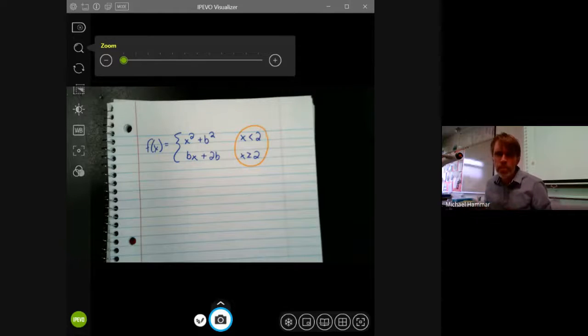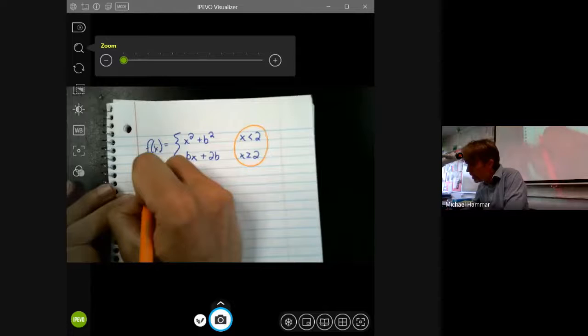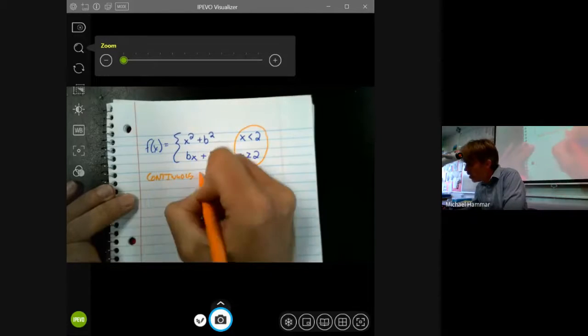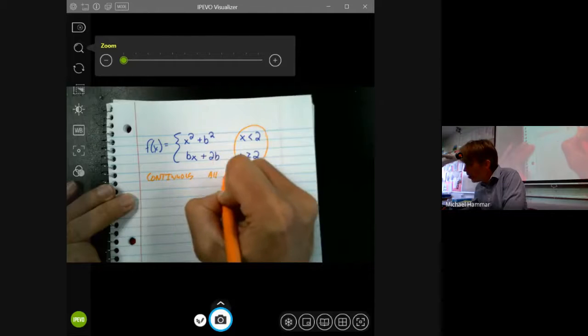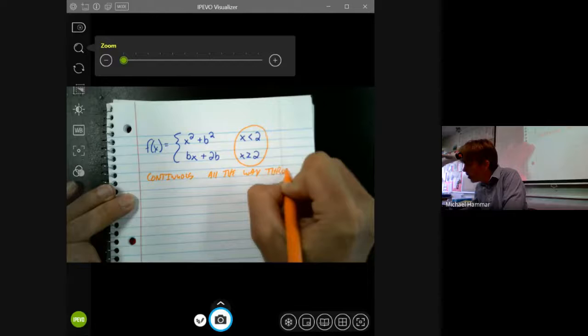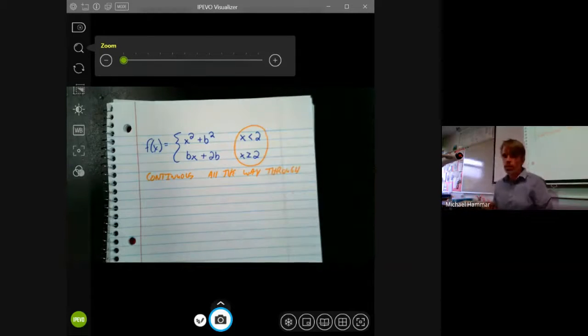But what happens at 2, we need them to be the same. We want it to be continuous all the way through. So there are some things we have to consider.